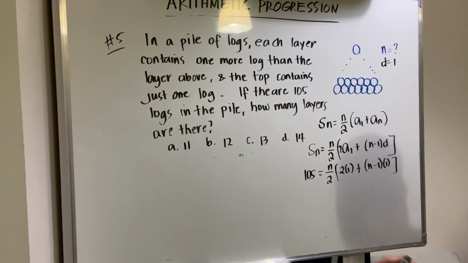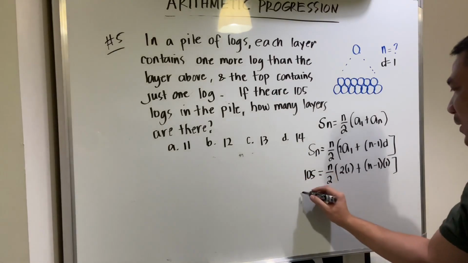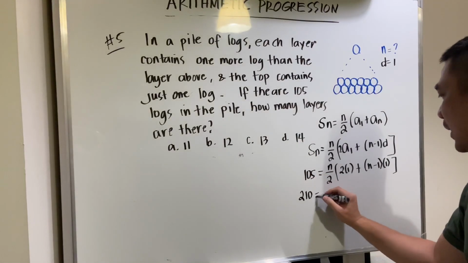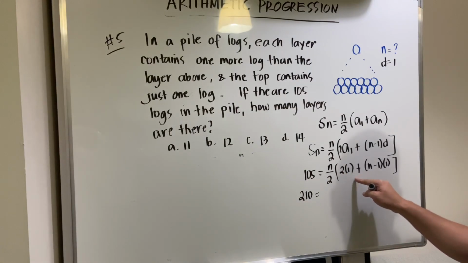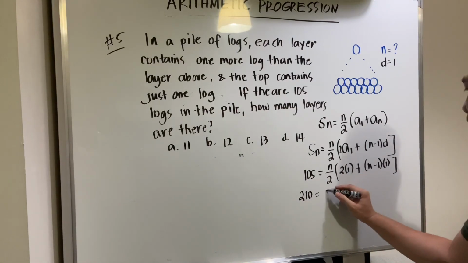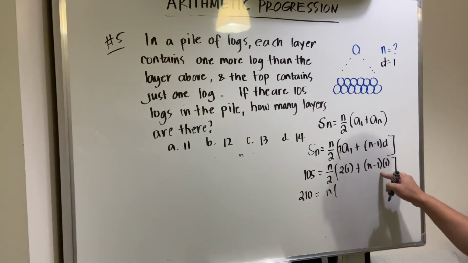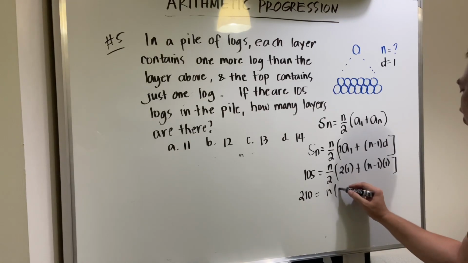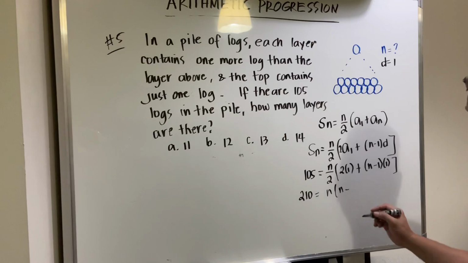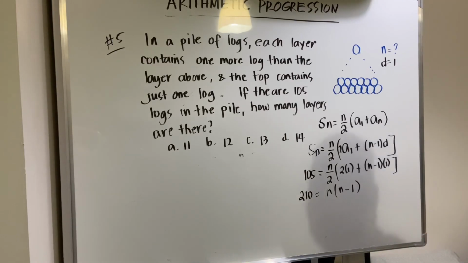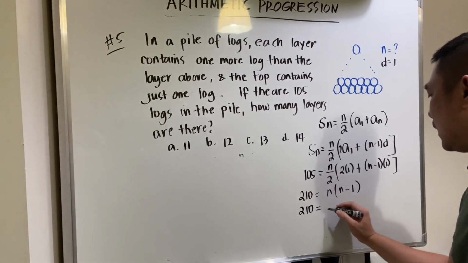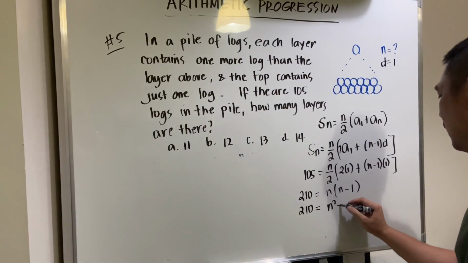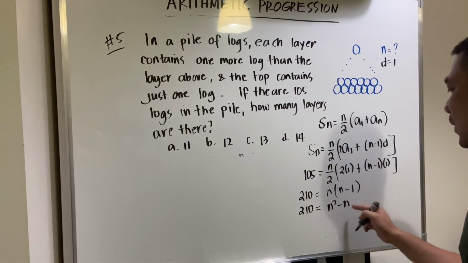Okay, so I will multiply 2 there, so it's 210 is equal now to n times 2 minus 1, that is n minus 1, right? So simplifying further, we have 210 is equal to n squared minus n.